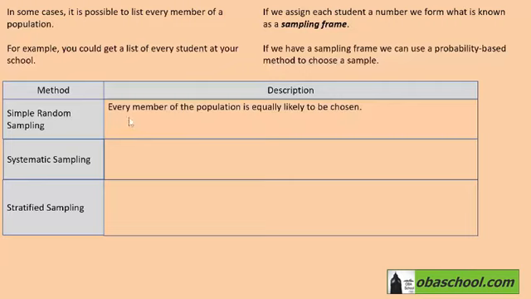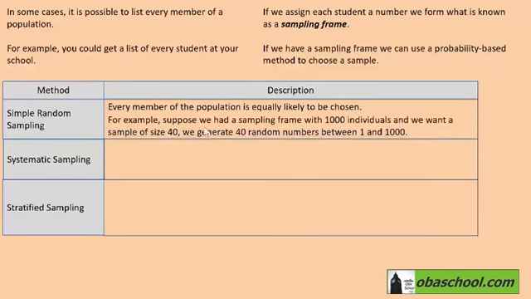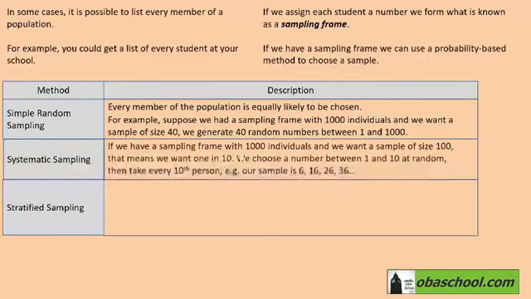With simple random sampling, every member of the population is equally likely to be chosen. For example, suppose we had a sampling frame with 1,000 individuals and we want a sample of size 40, we just generate 40 random numbers between 1 and 1,000 and use those people that come up as our sample.